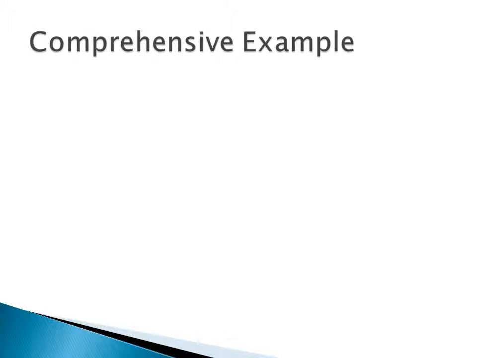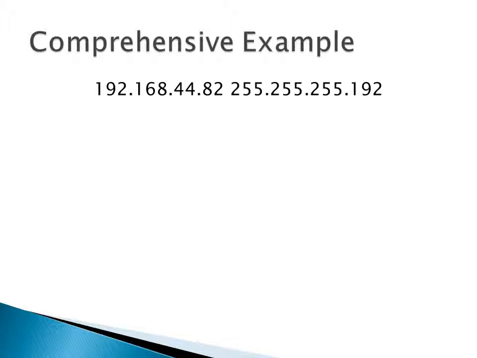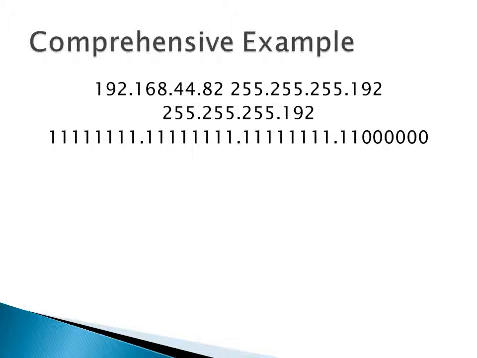So, suppose we're on a PC and we see it has this IP and subnet. Let's take a closer look at that subnet and convert it to binary. Now that's going to be 26 network bits and 6 host bits there at the end, giving us 64 addresses in that subnet.